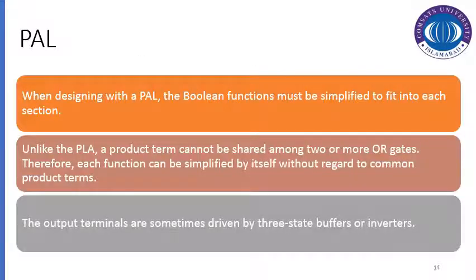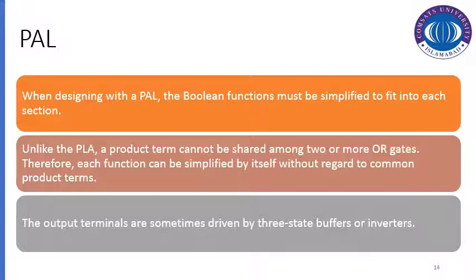As far as programmable array logic is concerned, when designing with PAL, the Boolean functions must be simplified to fit into each section. One important observation is that sharing is not allowed here because all arrays are fixed. If we replicate or generate a function, then we can reuse that function in order to reproduce another function.